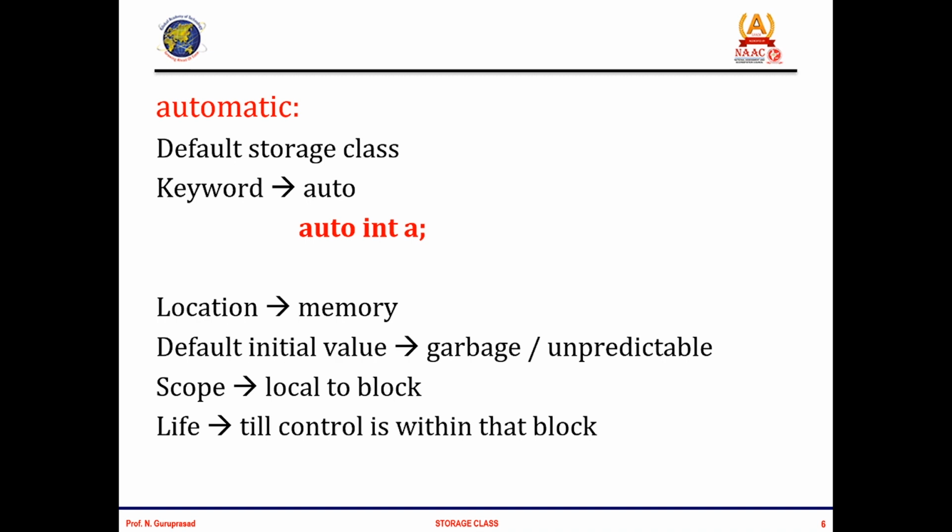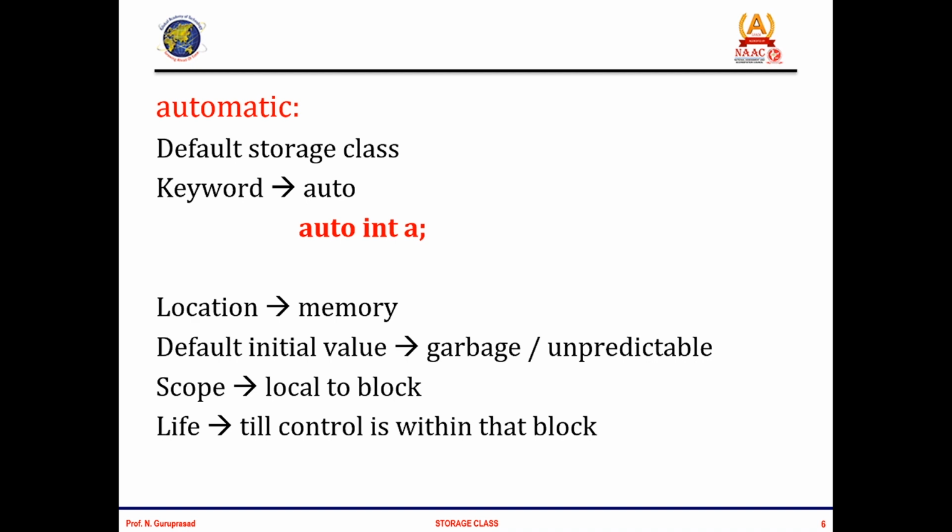So what it actually means in a nutshell is that the automatic type of storage class is considered to be the default storage class. That means we have been using this automatic storage class without our knowledge right from the time when we discussed the declaration statement in C. What you have in front of the screen is auto int a.